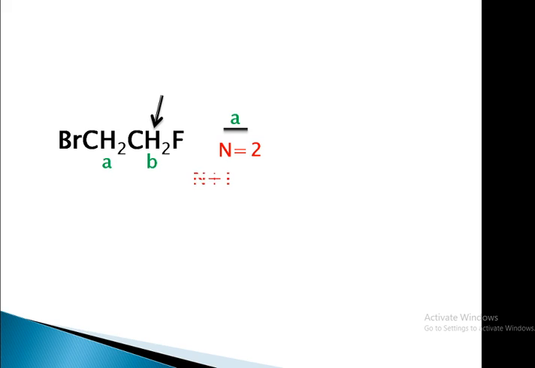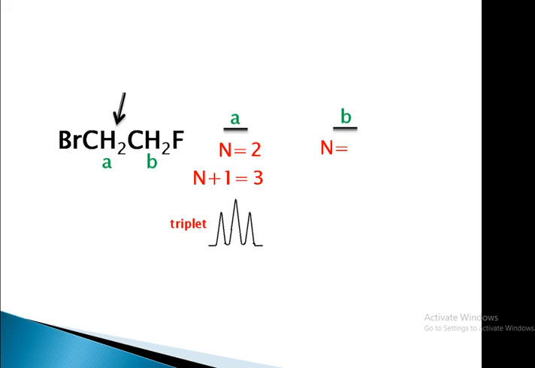If we plug into n plus 1, we get 3, and ultimately we get a triplet as the splitting. And similarly for the B type hydrogen, what is the value of n? These two are the neighboring hydrogens of B, so we get the value of n as 2. Plugging into the n plus 1 equation, we get 3, and ultimately we get a triplet again. This is how the splitting happened in this particular molecule.